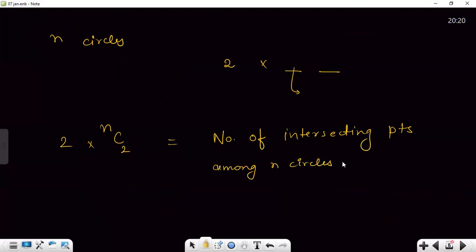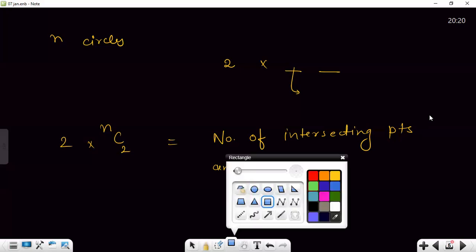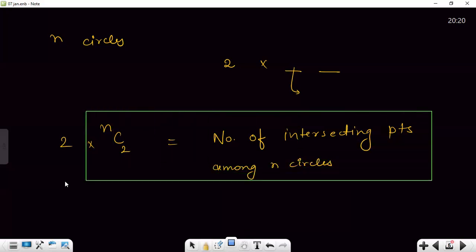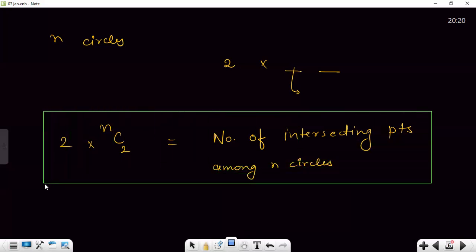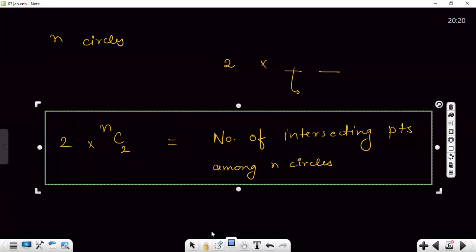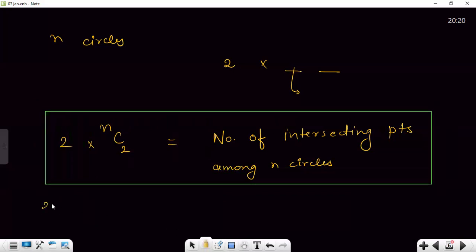That's an important formula, and previous year questions have been asked on this same concept, if I remember rightly, in 2020. With every pair you will have 2.